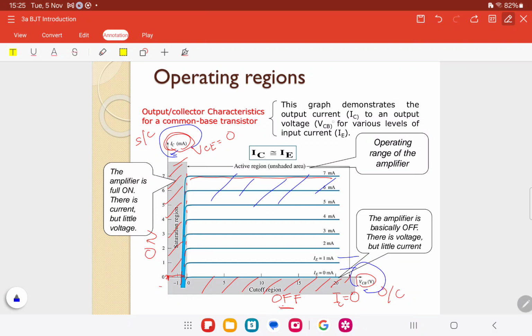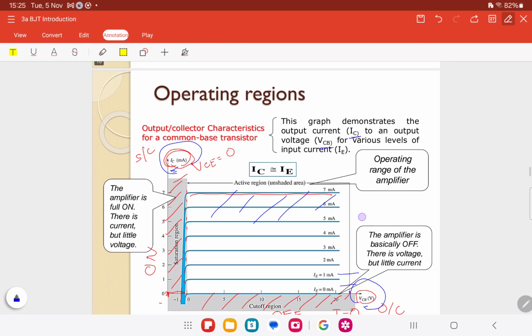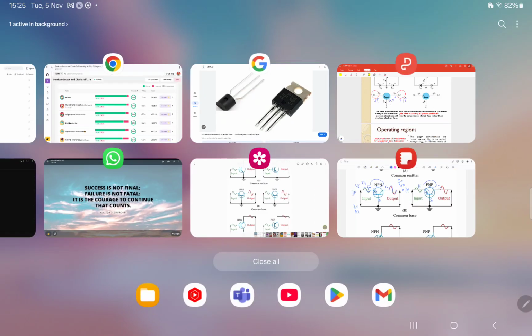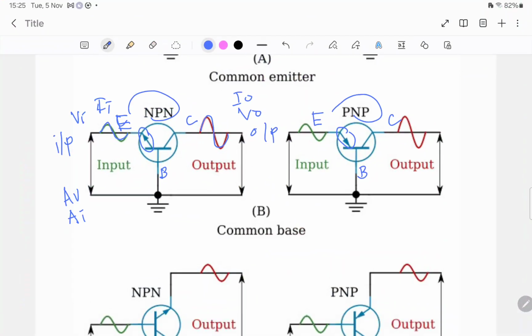Okay, this graph demonstrate the output IC to an output voltage VCB. VCB dekat mana? Sini kan? Kalau dekat dalam circuit ni, VCB dekat sini. Nampak dekat output kan?